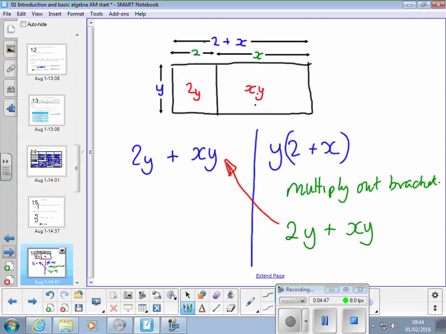What's that? Expand the brackets. Yep. What could I do, what's it called that I would do to that side to get it back to what we've got there? y times 2 plus x. It's called factorize, yeah?